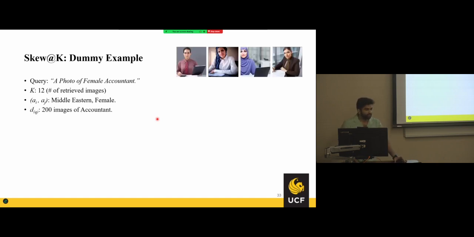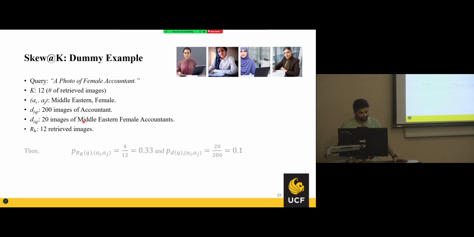D_Q is the total number of images within the data set of an accountant. So say 200, in the entire data set, we have 200 images of female accountants. And D_Q A_i A_j is 20 images, which is basically, within those 200 images, we have 20 images of accountants who are Middle Eastern and female. Our R_K is our 12 retrieved images.